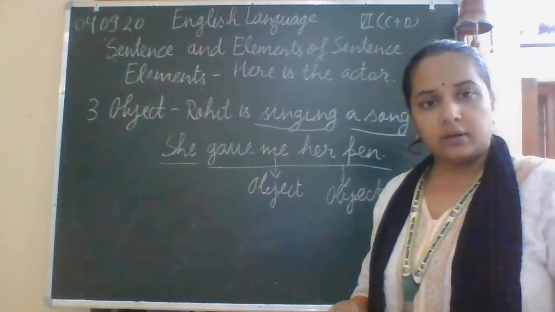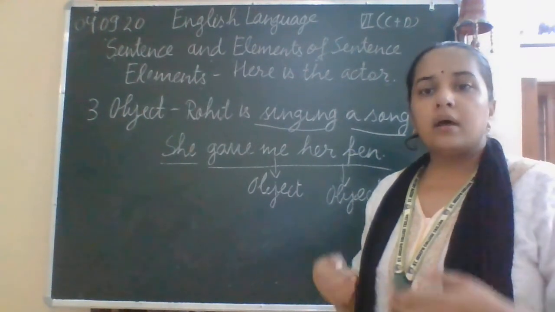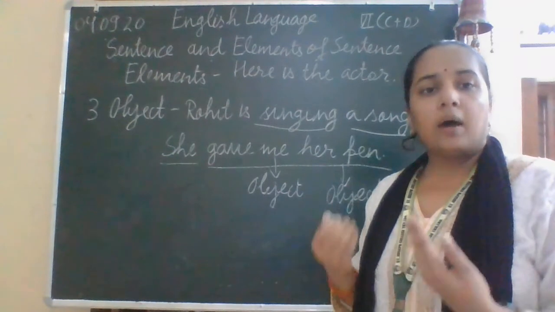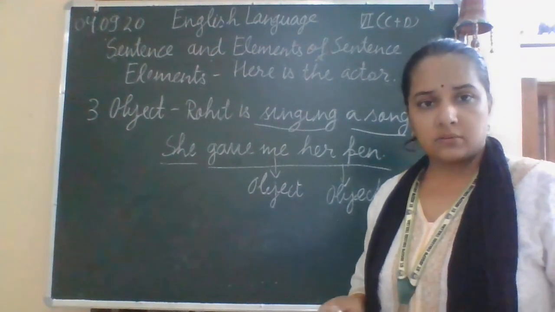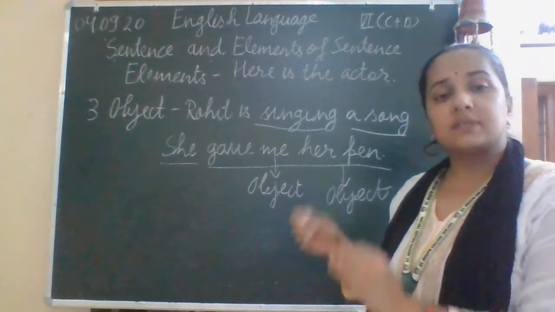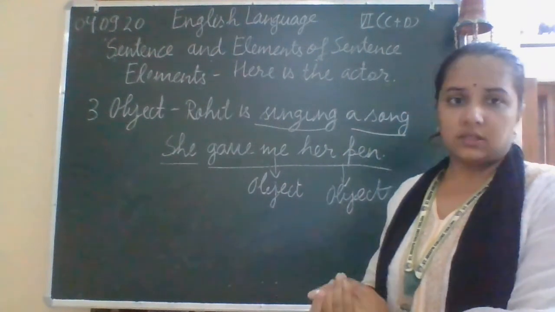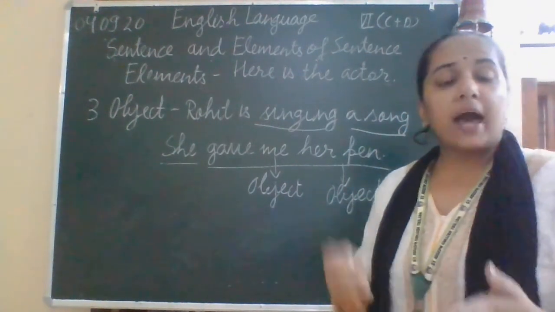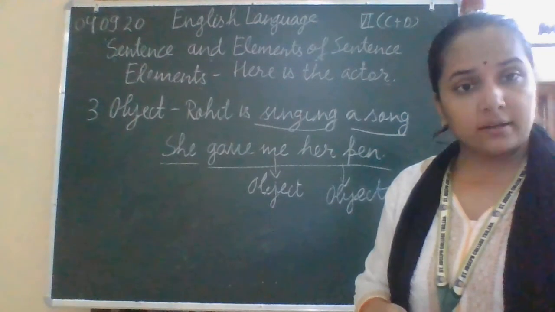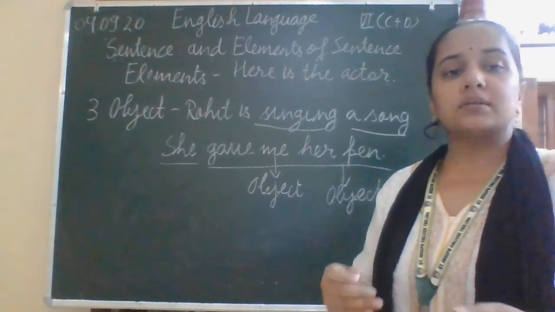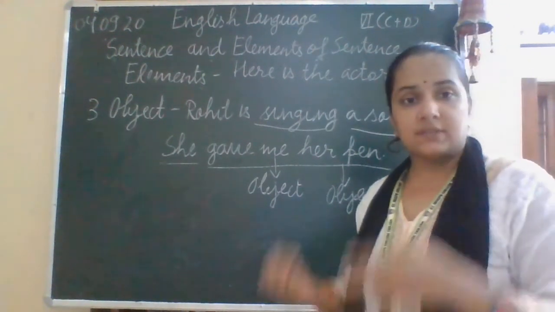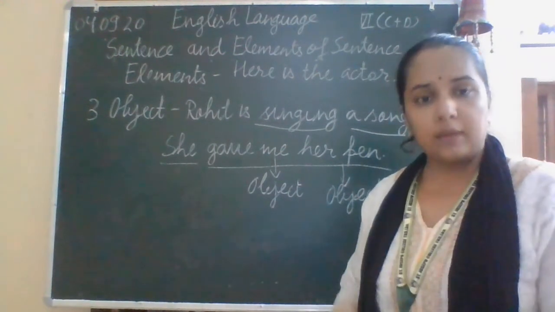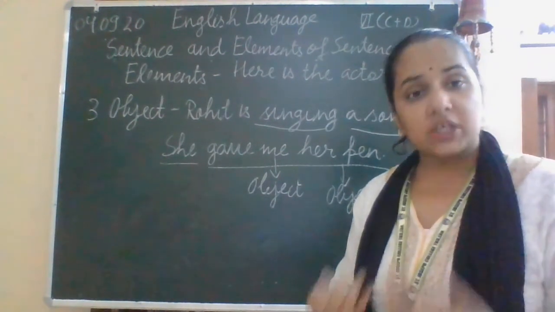Another example: I have a bunch of flowers. So bunch of flowers is the object of the sentence. He is riding on his bike. So bike is the object of the sentence. The action is taking place for the object, for the bike.